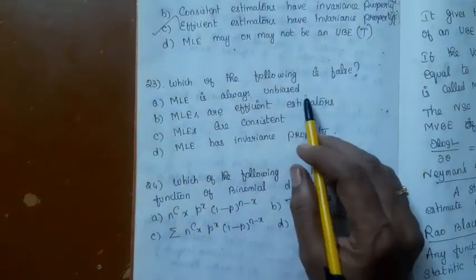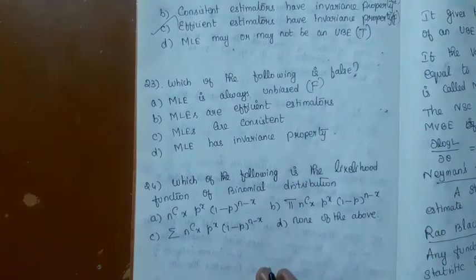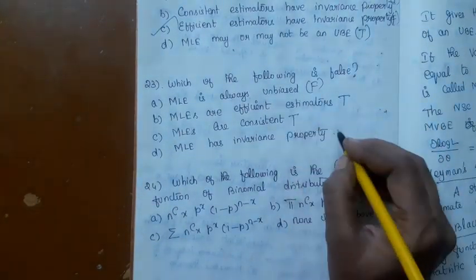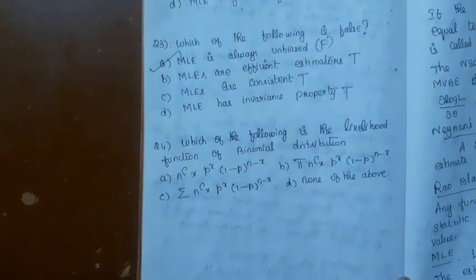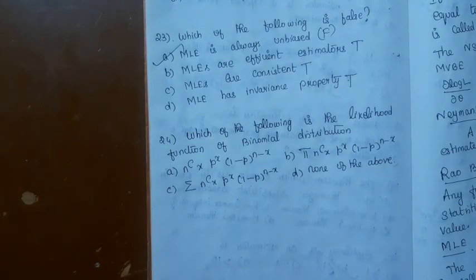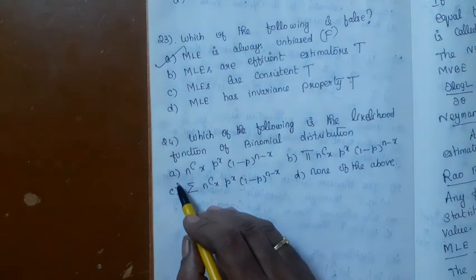Which of the following is false? MLE is always unbiased? No, it may or may not be unbiased. MLEs are efficient is true, consistent is true, invariance property is true. So this is false. Which of the following is the likelihood function of the binomial distribution? In the binomial distribution, the likelihood function and the probability function are the same.